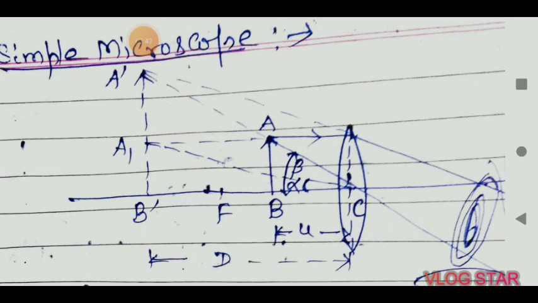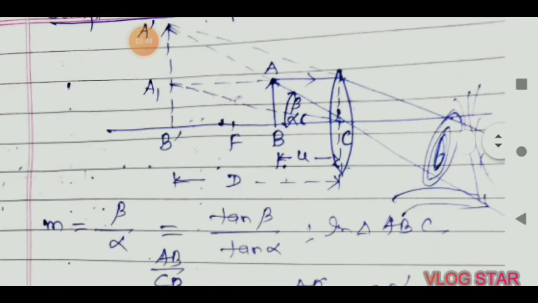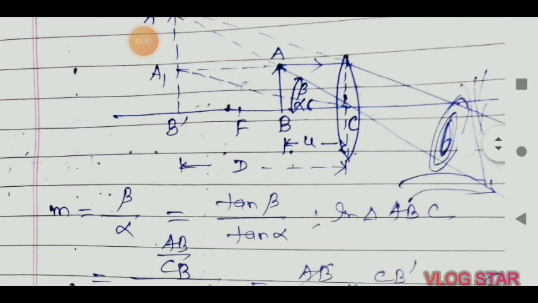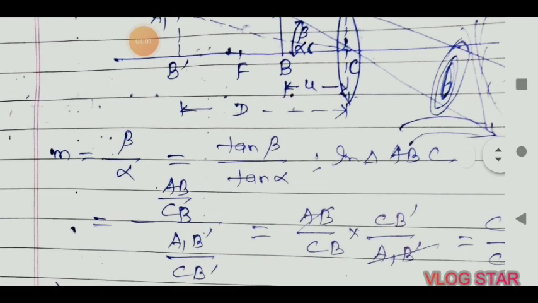We have marked this as angle beta. So magnification is the ratio of the angle subtended by the image to that by the object, that is beta upon alpha, and for small angles we can take it as tan beta upon tan alpha.